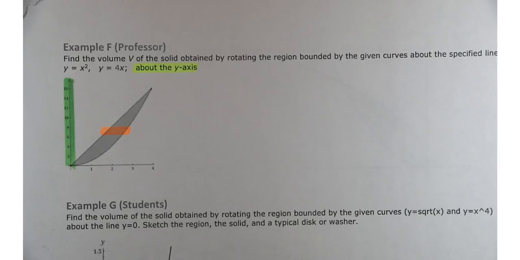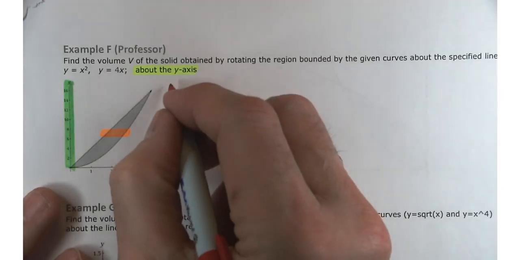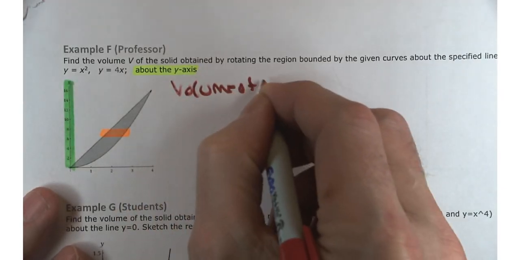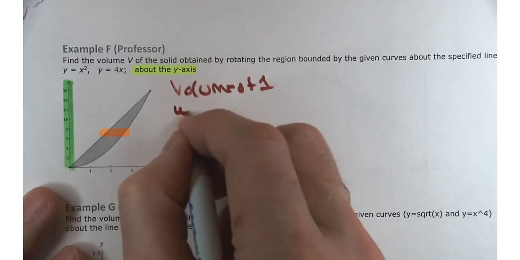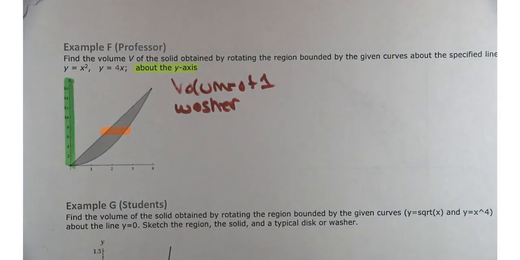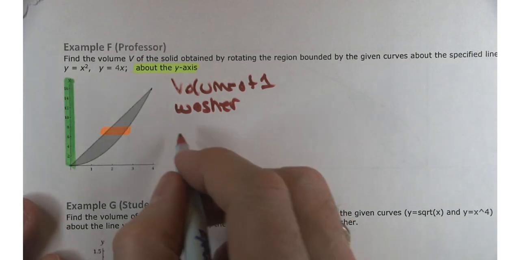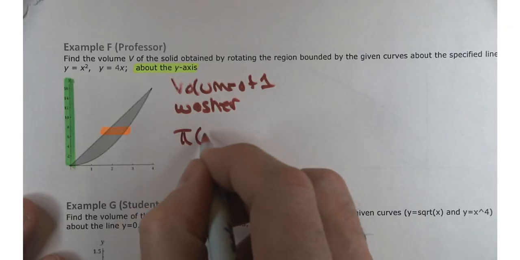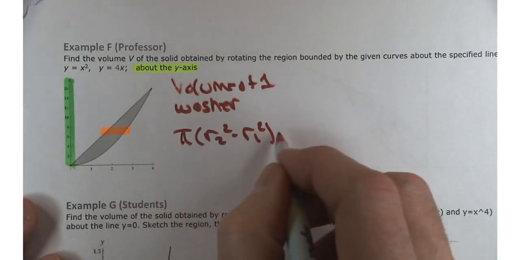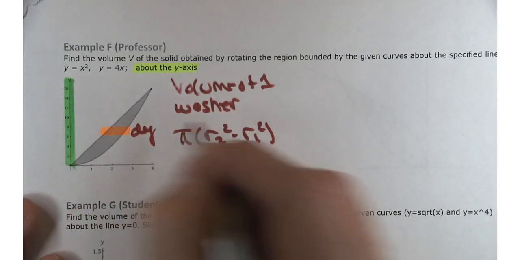So, nice. All right, let's see if we can find the volume of one washer. We're going to need a couple things here. It's going to be pi times r2 squared minus r1 squared. And Lucas, you told us that was going to be a dy slice.